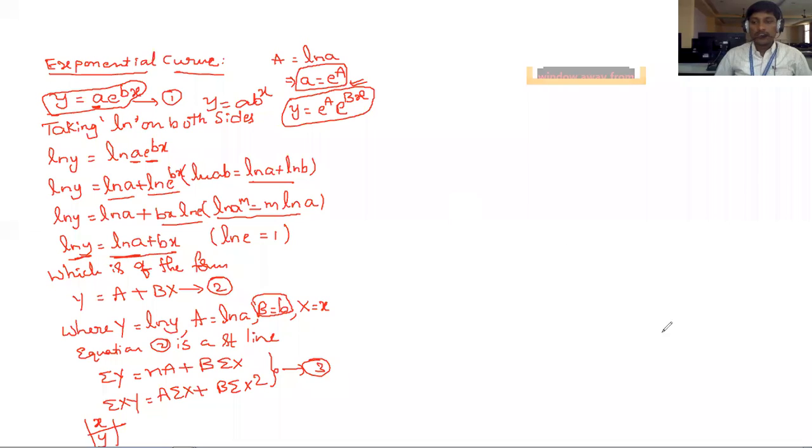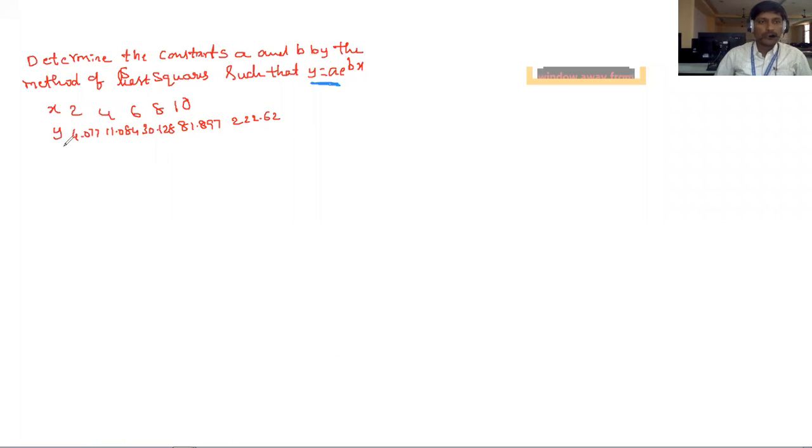Next, coming to the problem, here it is. So this is the problem we wrote. Now coming to solve this one, first you need to write as what we wrote there: y is equal to a e power bx, and let it be taken as equation 1.